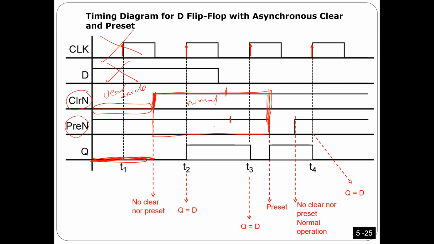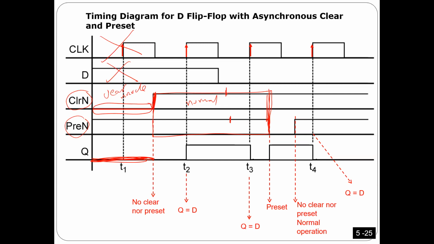In normal operation, Q is equal to D, but only at rising edges. The action will be taken at rising edges. So no change here, because I have to wait for this one. Only change happens here. At this moment, what is D? D is 1, so Q becomes 1.